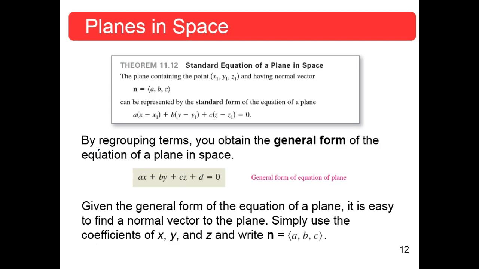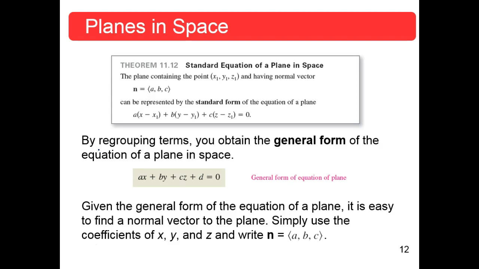That's the standard equation. Here's the general form. Okay? What you do here is multiply through, distribute through. AX minus AX1. Now, these are just numbers, so that gives you a number. Plus BY minus the number, that's B times Y1. Plus CZ minus whatever number C times Z1 is.